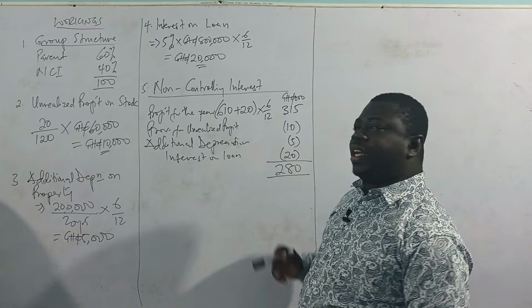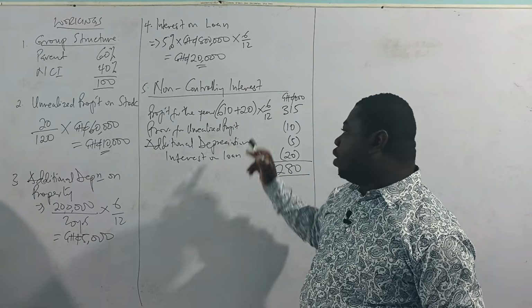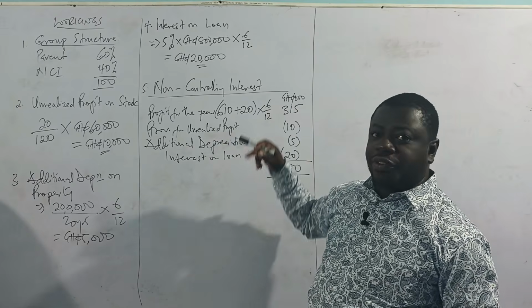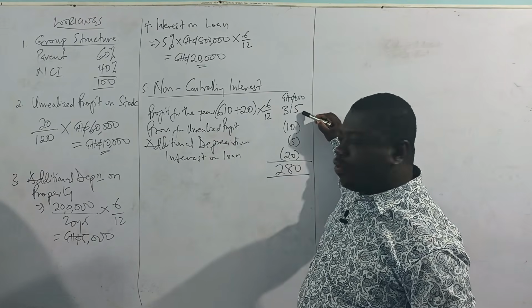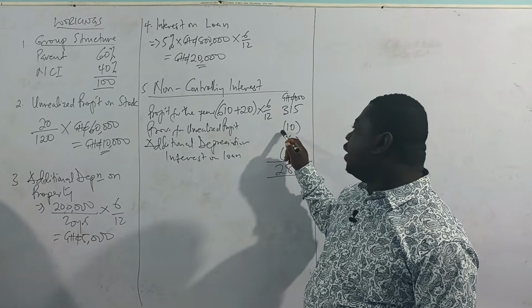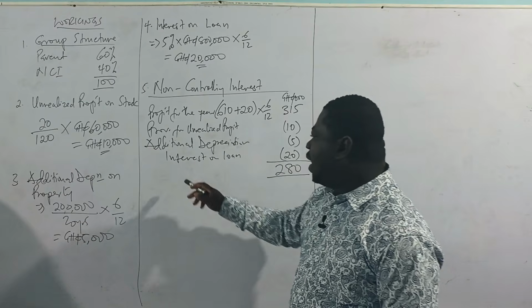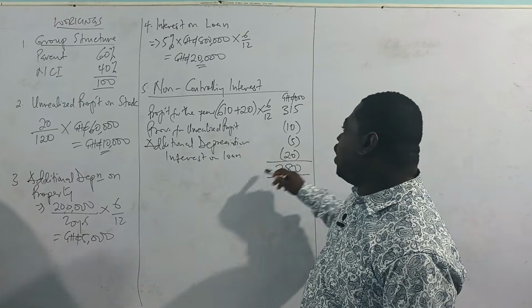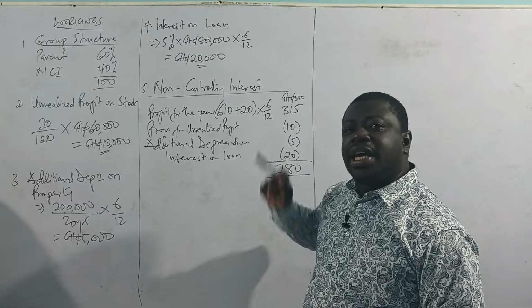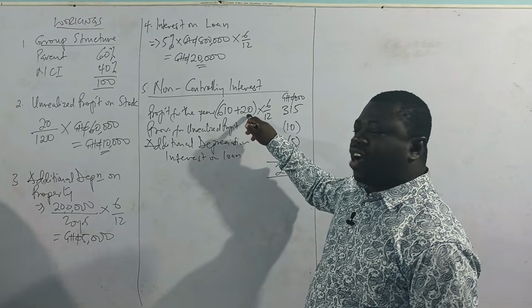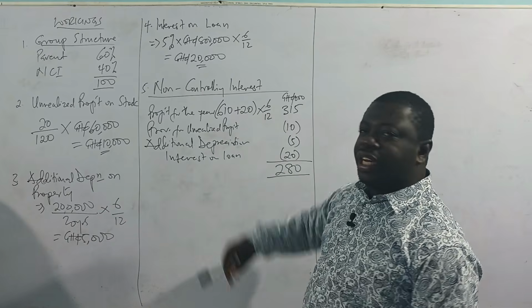We need to take out additional depreciation. Because the unrealized profit is all inside this profit, you are deceiving yourself that you have a profit that has not been realized, so you take it out. Additional depreciation will also reduce the profit. And then the interest on loan is also a post-acquisition period expense that must be reduced. But for the sake of calculating the profit that accrued, we needed to add that.